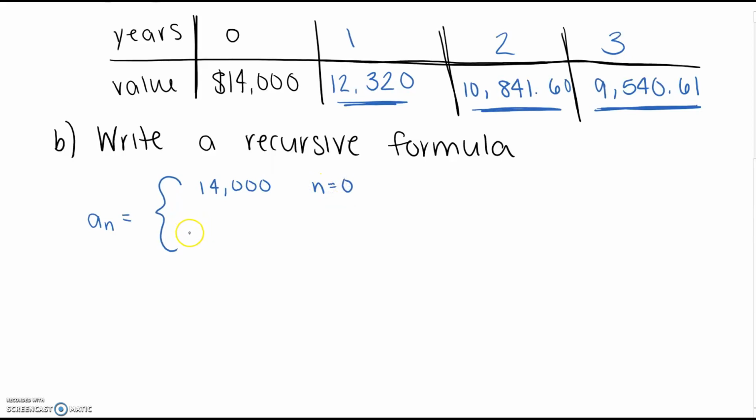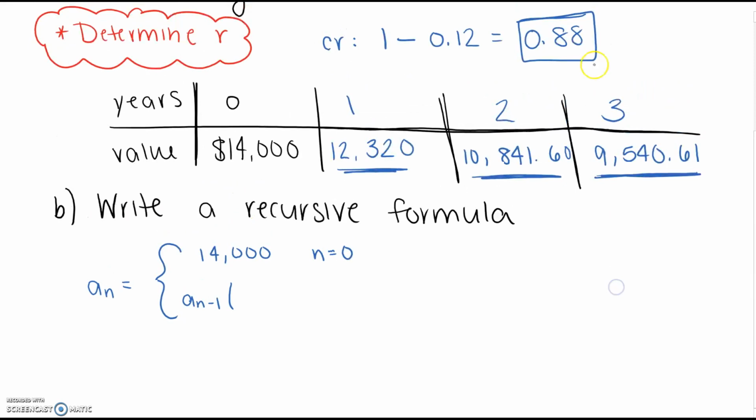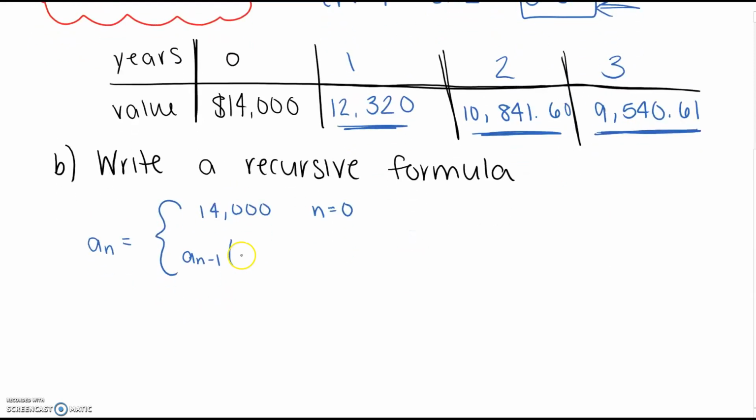And then how can we generalize it? Well, for any term, you need to know the one before, and you're going to multiply it by the common ratio, which remember we found was 0.88. And that's going to be when n is greater than or equal to 1. You could also say just greater than 0.